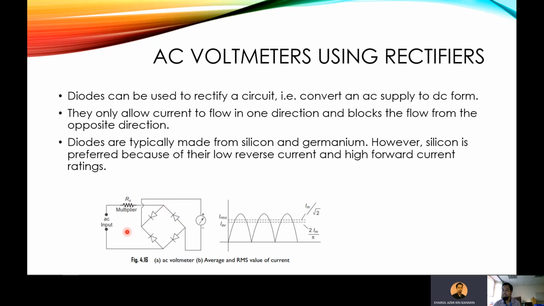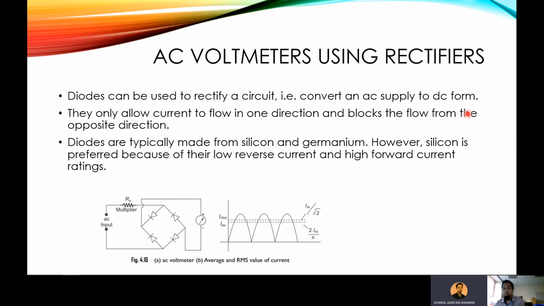For this circuit, which we will see later, we want to convert the AC waveform into its DC equivalent. Diodes are typically made from silicon and germanium materials. However, silicon is preferred because of its low reverse current and high forward current ratings.